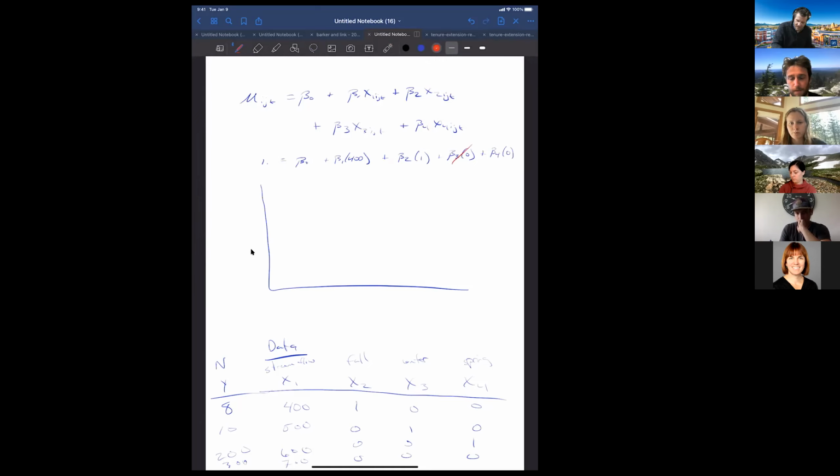So this is going to be canceled out from our model. It's not going to affect mu because it's getting multiplied by 0. We're going to have beta 0 plus whatever our estimate of beta 1 is times 400 plus beta 2.